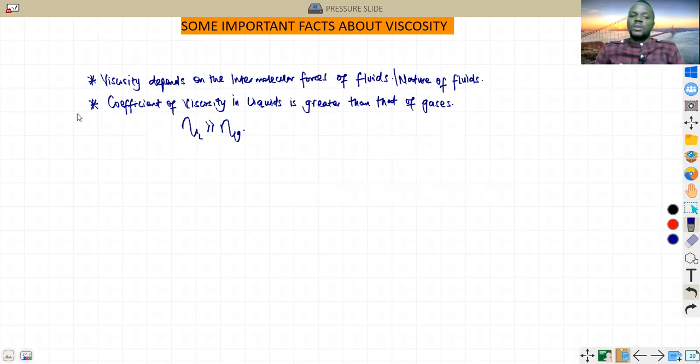Another important point we can also put down, which I think is important, is that let's talk about the density, which is also very, very important.